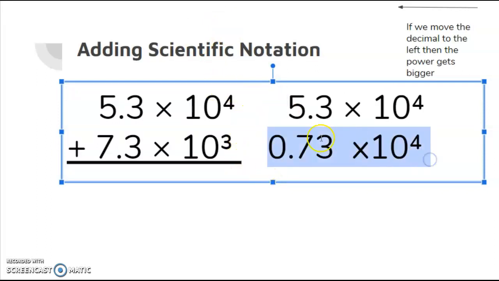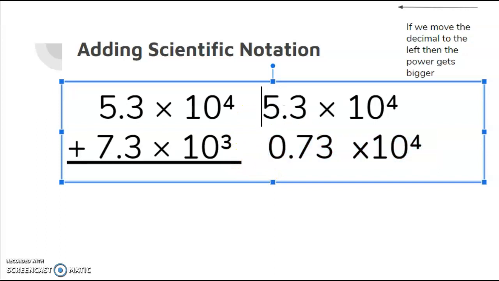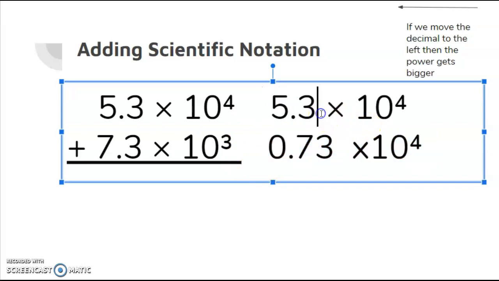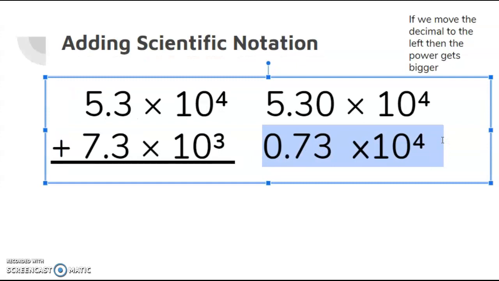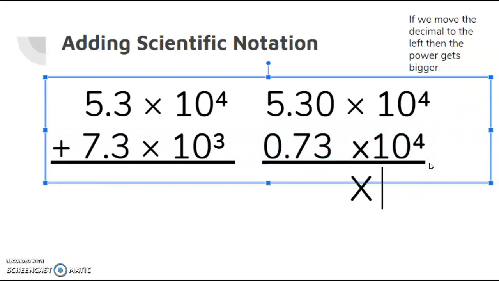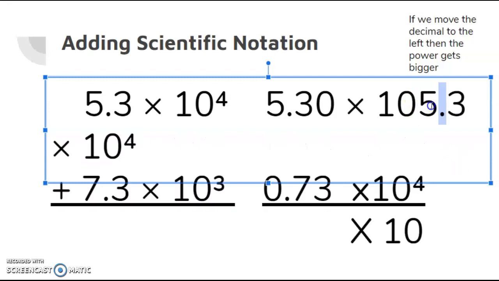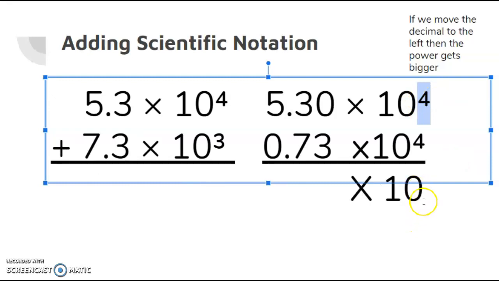So we're just going to add them together, making sure that our decimals are lining up with each other so that they're in the same place value. And we're adding. So when we're adding, once again, 10 to the 4 stays the same. And we're just adding this part together.